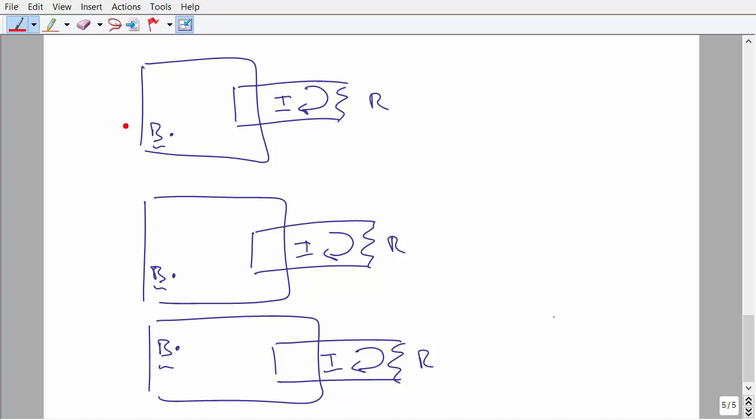In experiment 1, we're going to pull this loop out, away from the magnetic field, and so of course the amount of magnetic flux cutting that loop decreases. There is magnetic field within this region and none outside the square. The observation in this case is that a current flows in this wire like this when we pull this loop out.